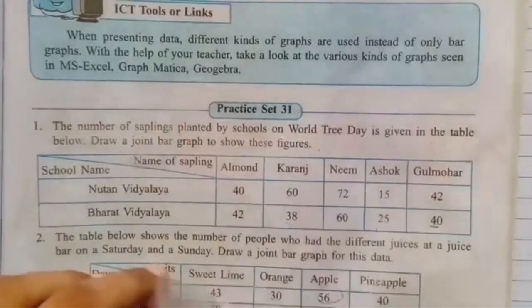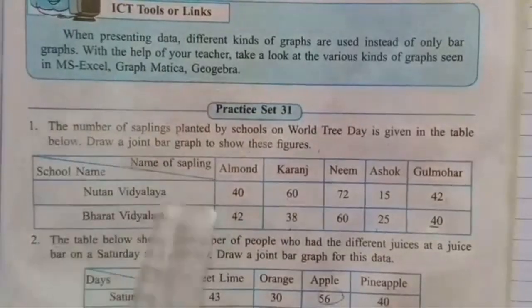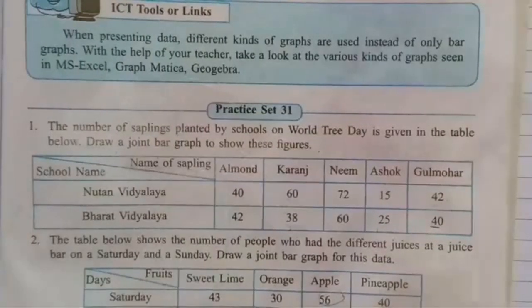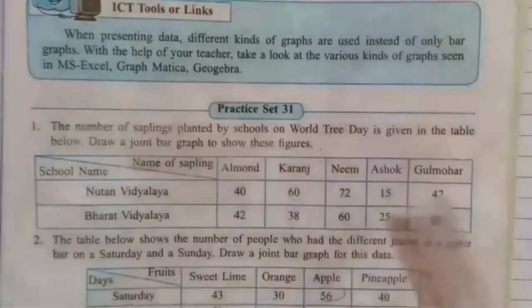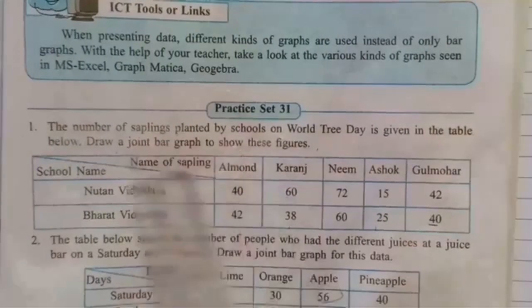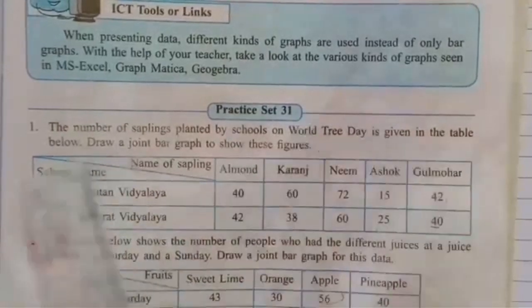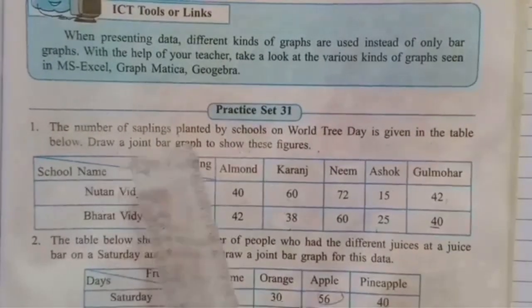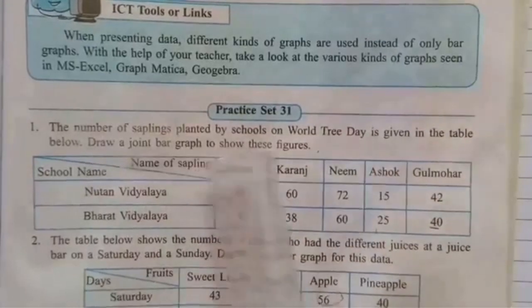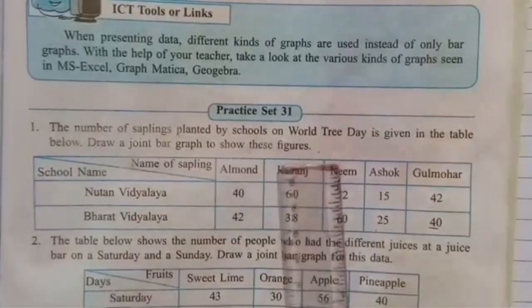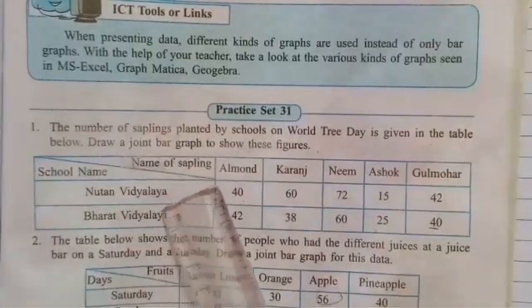In that first question is the number of saplings planted by school on World Tree Day is given in the table below. Draw a joint bar graph to show these figures. Now in this question they are telling that on World Trees Day, school is planting number of trees.